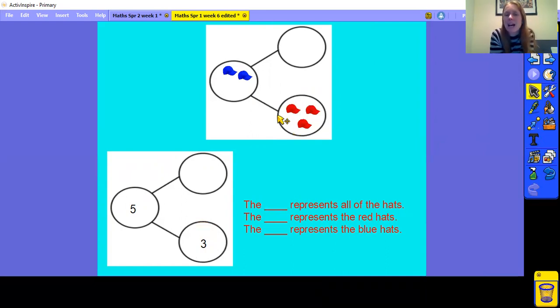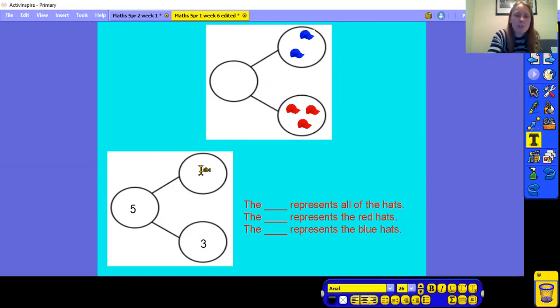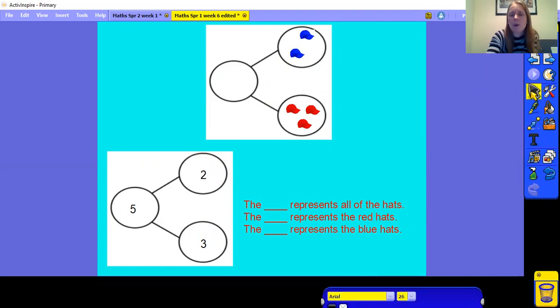This time, I want to know how many blue hats I have. Let's move the blue hats and count them. 1, 2. We have 2 blue hats. Let's write number 2 in here to represent the 2 blue hats.